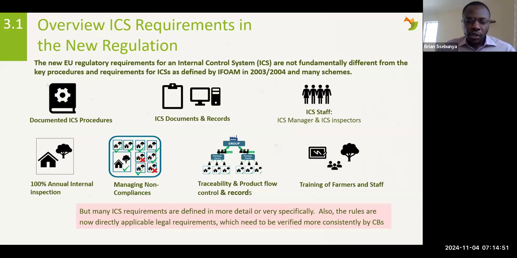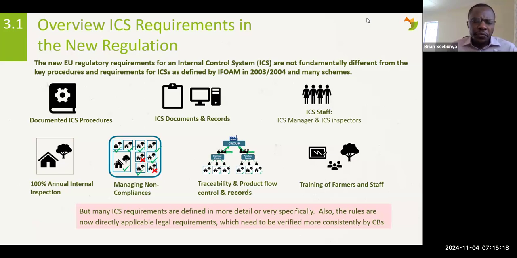As I mentioned during the introductory session, the goal of the new EU regulation is about compliance. And if it's about compliance, there is some element of prescription. A big part of it is prescription of what you have to do. So it goes into a little more detail than we are used to.